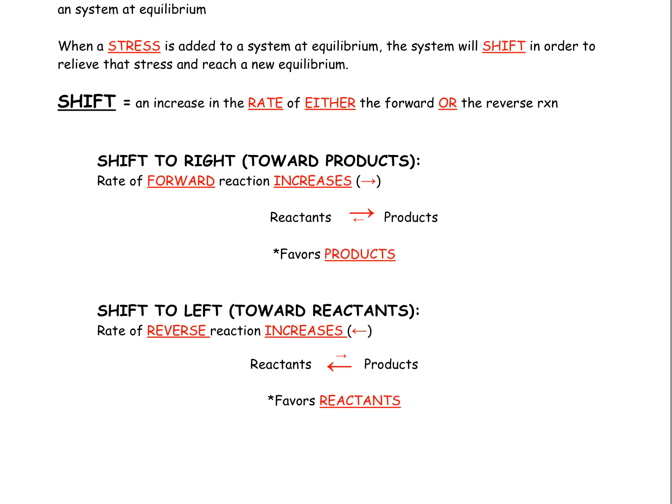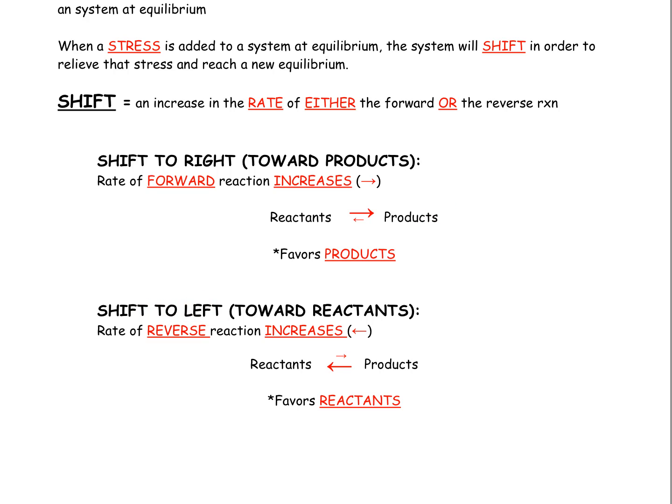So an increase in the rate of either the forward or the reverse reaction is called a shift. If we shift to the right, so if we say that we go towards products, that means we're producing more product. If this rate starts increasing, I go faster and faster towards the product, I'm going to be producing more product.